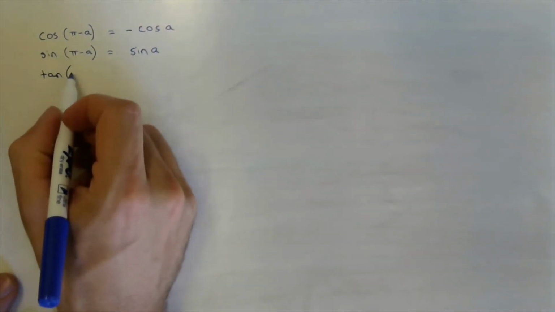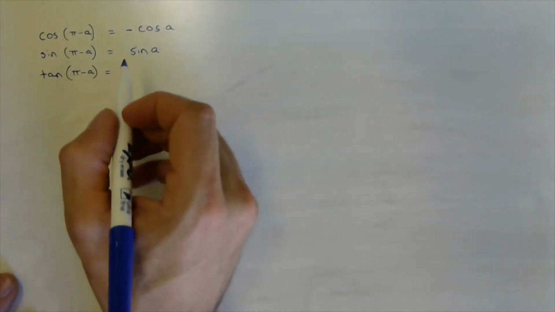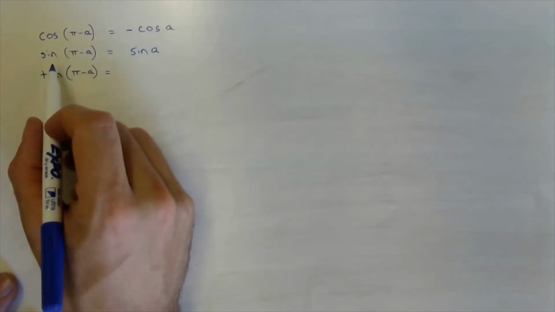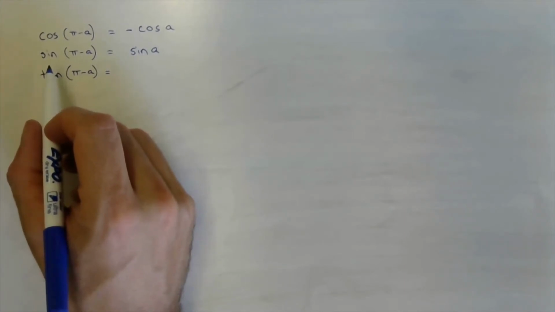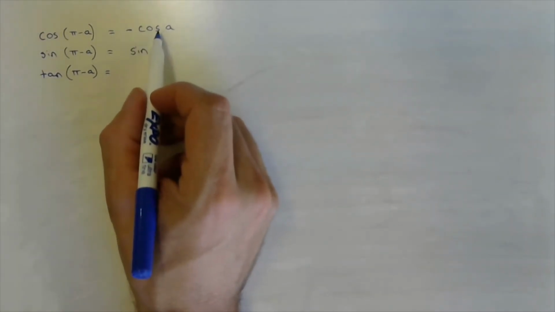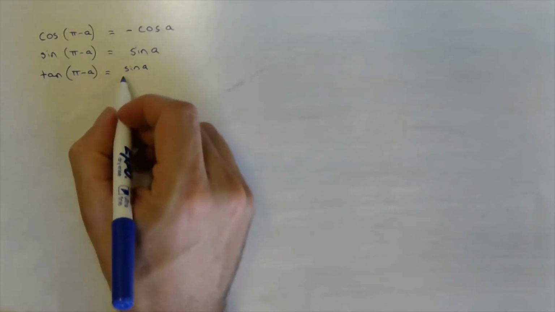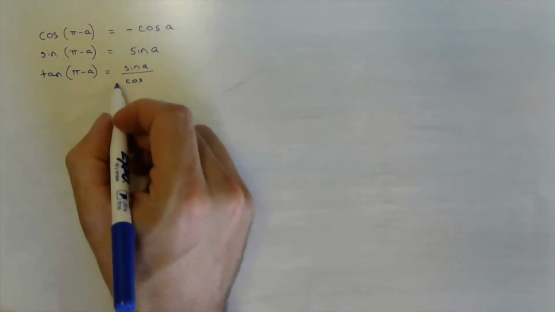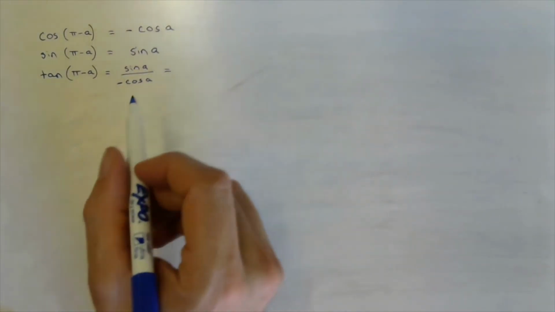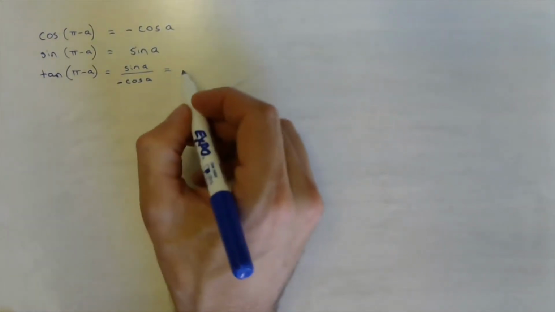The tangent of pi minus a then is equal to the sine of a over negative the cosine of a. Okay, so that looks like this: sine over negative the cosine of a, which we can reduce. We could put that negative sign out front. This is just negative the tangent of a.